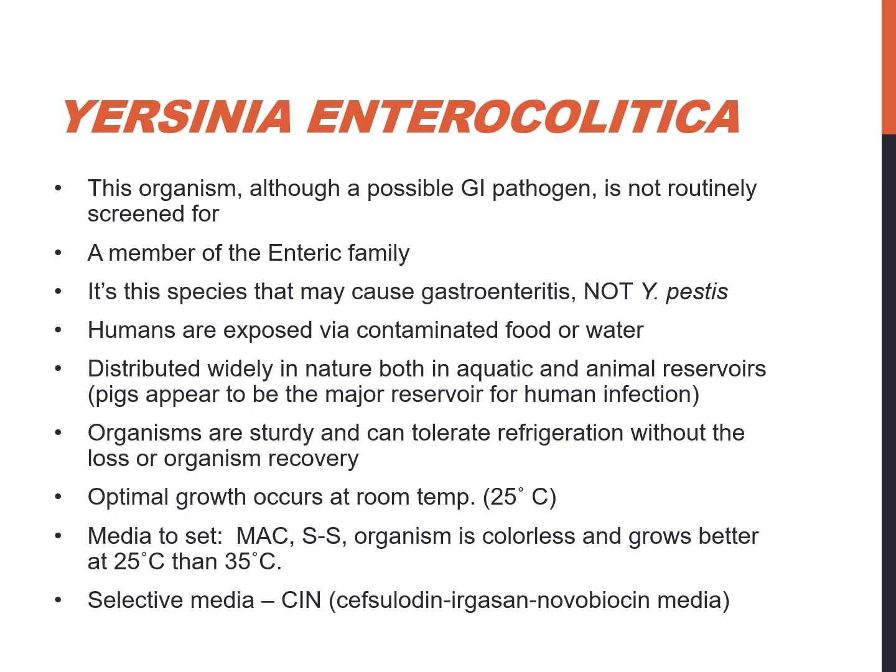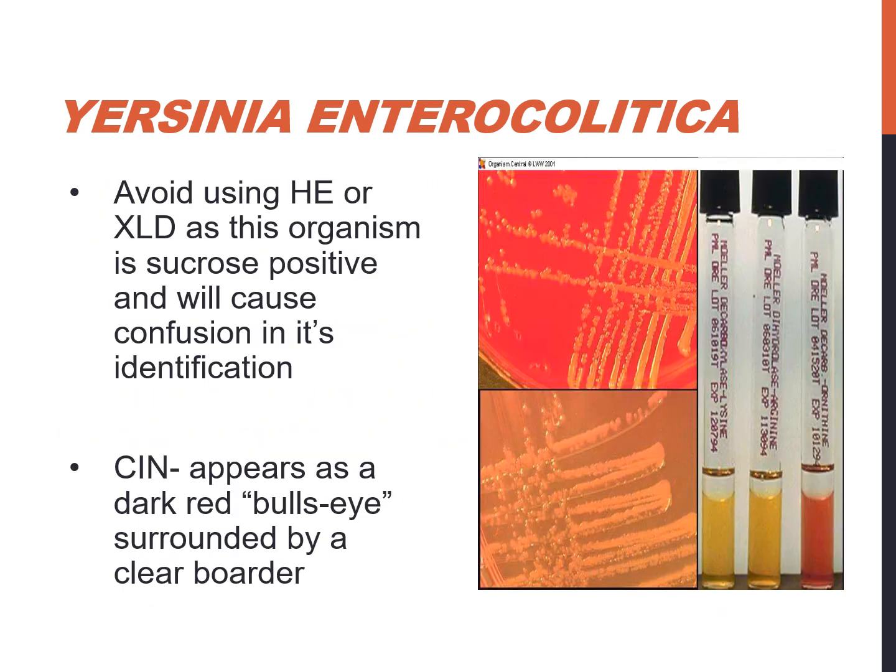Okay? The optimal growth occurs at 25 degrees Celsius, and the media that we're going to set is CIN. The selective media for Yersinia enterocolitica is known as CIN, although it will also grow on MAC as well. Whenever we're trying to isolate Yersinia enterocolitica, we always want to set up a CIN agar.